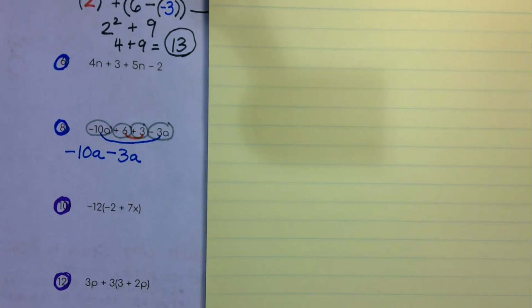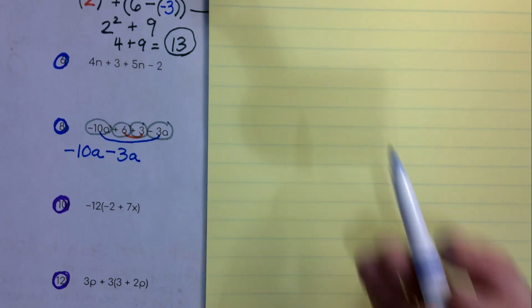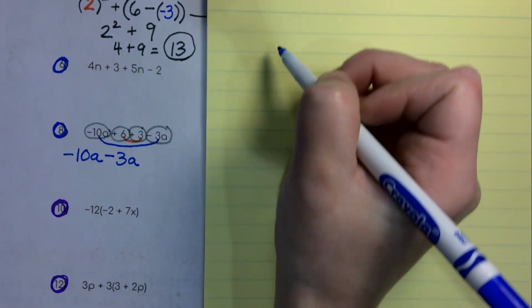Like, what if it was negative 10a minus 6, plus 3 and then plus 3a? Would there be a plus? Yes, so let me show you.